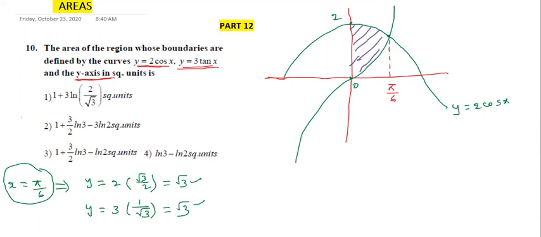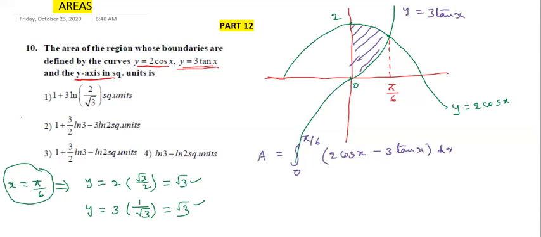Okay, students. Now, how to find the area? The required area is equal to the integration from 0 to pi by 6 of the upper curve, that is 2 cos x, minus the lower curve, y is equal to 3 tan x, dx.